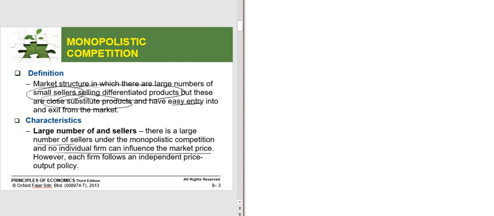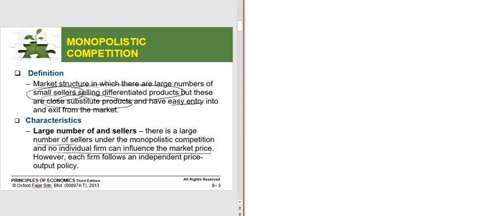Each firm will set its own price, and their price will not be affected by the price of other firms. So they follow an independent price-output policy. Their price depends on how much their production is and their cost of production. That's how they set the price in this market.